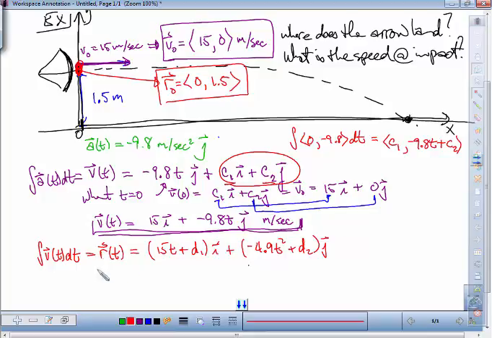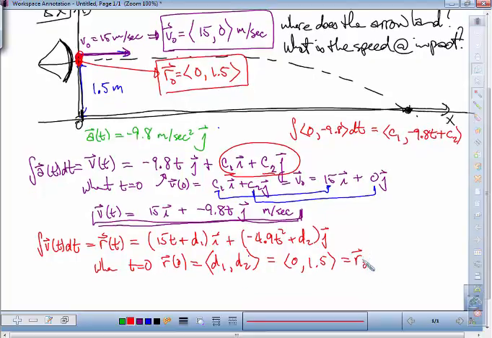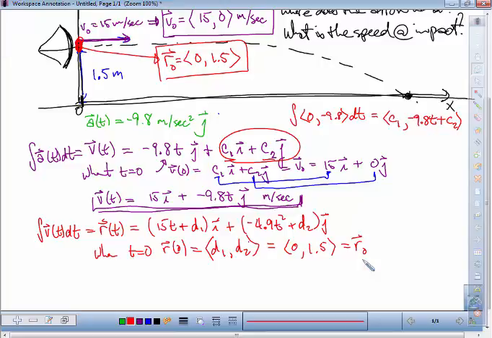And we know that when t is equal to 0, r of 0 is equal to d1, d2. I'm switching notations again. And this is equal to 0, 1.5. Remember our initial position? So d1 must be equal to 0 and d2 must be equal to 1.5.